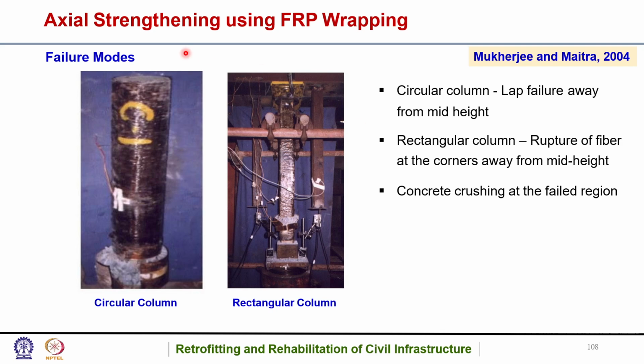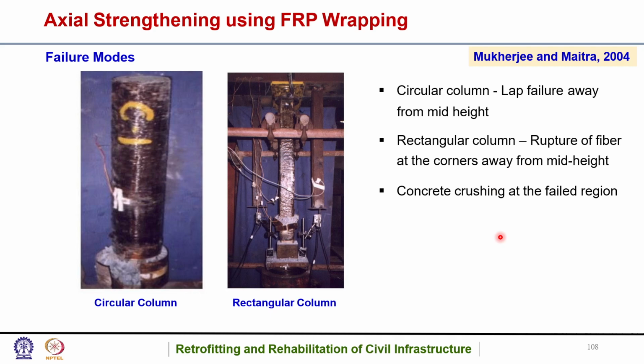So these were the failure modes of the circular column and the rectangular column. The circular column basically had lap failure away from mid height, and in the rectangular column, rupture of fiber at the corners away from mid height. So both had rupture away from mid height, which was not the case in the earlier study.